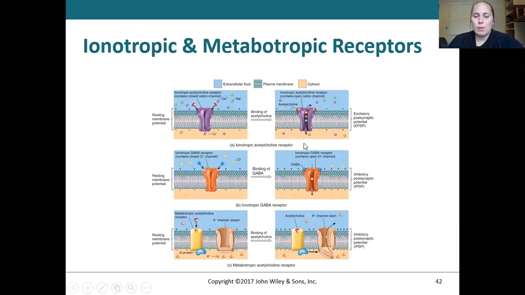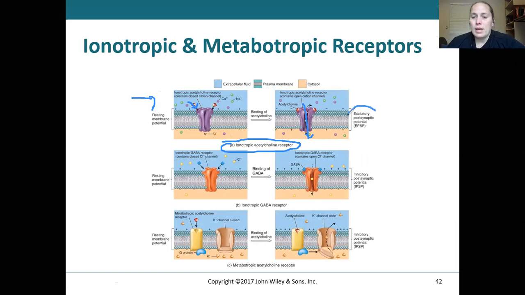Okay, so ionotropic and metabotropic receptors. Here we have an example of the acetylcholine receptor. This is a ligand-gated ionotropic acetylcholine receptor where acetylcholine binds to that receptor, opens it up, and you've got movement of ions inside and outside the cell.